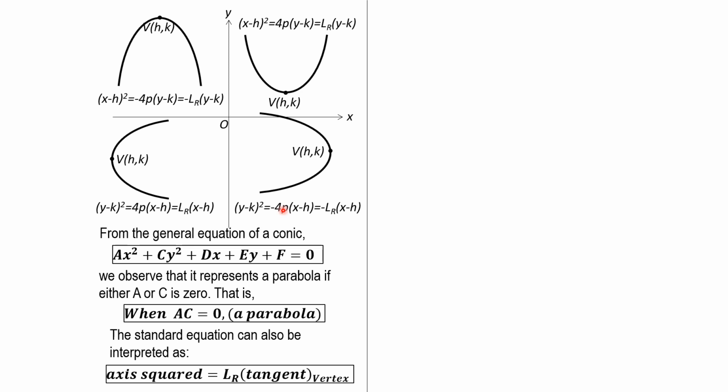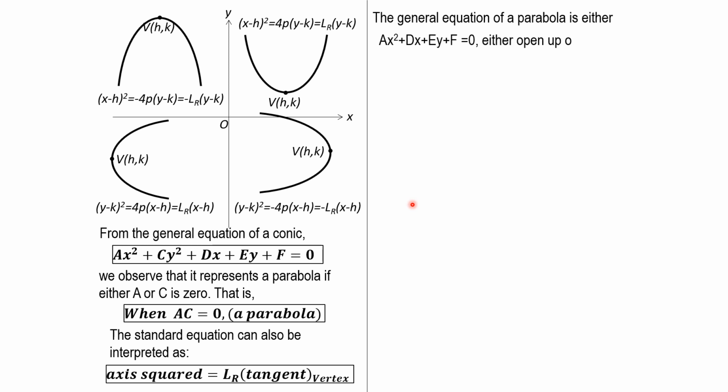So since the general equation of a parabola has either A or C equal to 0, when C is 0, the general equation of the parabola would be ax squared plus dx plus ey plus f equals 0, and this is either open upward or open downward.